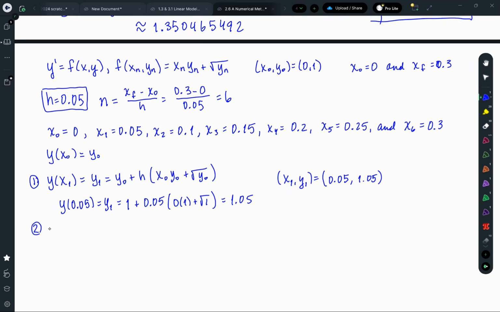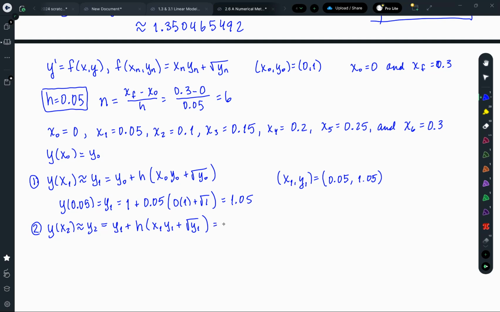Step 2, y of x2 is approximately y2. And up above, that was approximate as well. Okay, y2 is equal to y1 plus h times x1 times y1 plus the square root of y1. So we're going to plug in the values. x1 is 0.05 and y1 is 1.05.